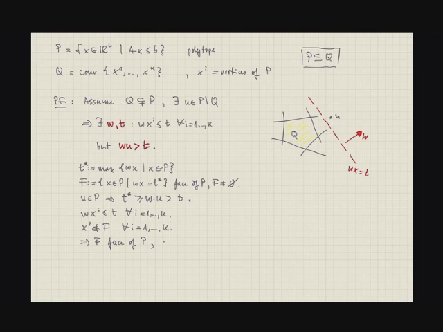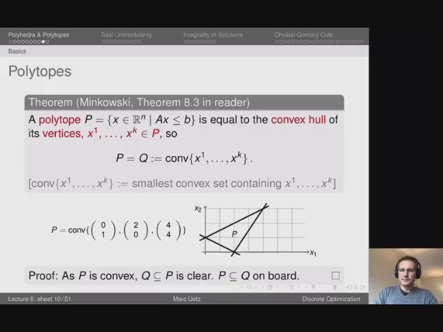So it contains no vertex, because x1 up to xk was the list of all the vertices of P. That's a contradiction because we had an earlier theorem saying that any face will contain a vertex. So that's the end of our proof. All right, so that ends the proof of Minkowski's theorem. Any polytope can equivalently be described by the convex hull of its vertices.